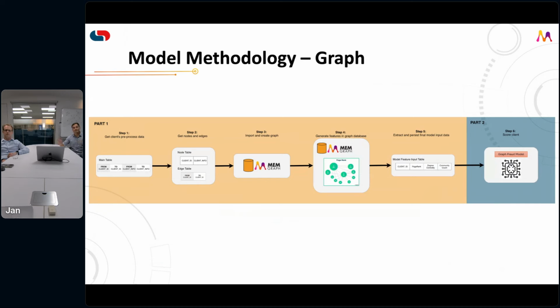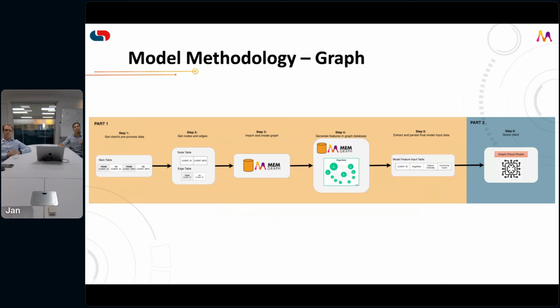Now this might look interesting here, but bear in mind, this is only 2 additional steps. The first step is exactly the same: looking at your main source pre-processing table, then taking that table and transforming it into a node table and an edge table. This node table will have your client identifier and any client information that you would like to add into your nodes.